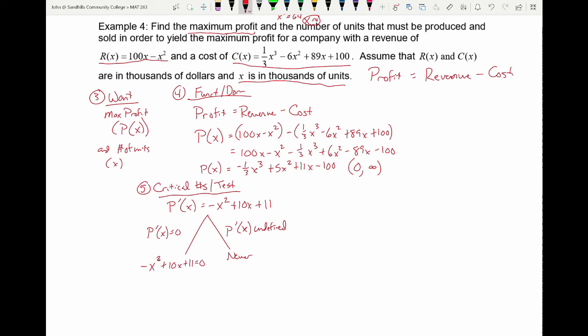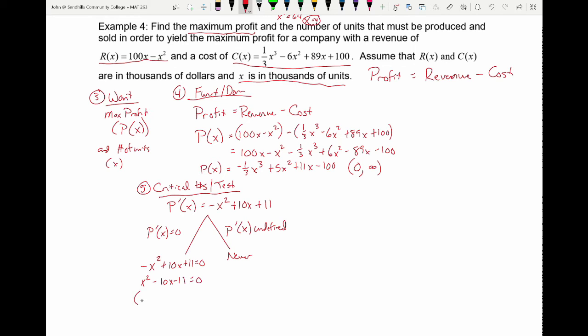Now, usually if you see a quadratic, you think factoring if you can. So to factor this, it's going to be a little bit easier if we get rid of that negative leading coefficient. Since this equation is equal to 0, we can just divide both sides by -1, and we're not going to change the equation any. So x squared minus 10x minus 11 equals 0.